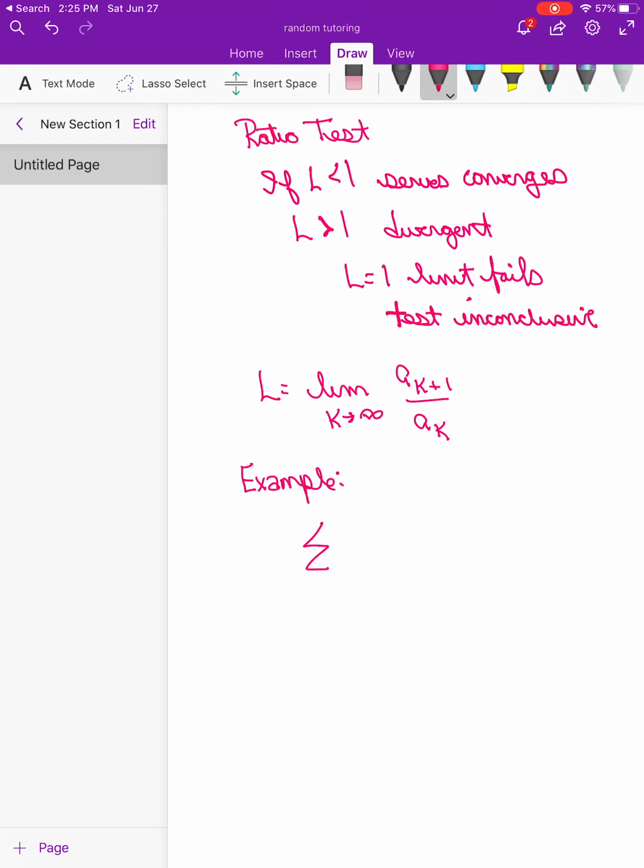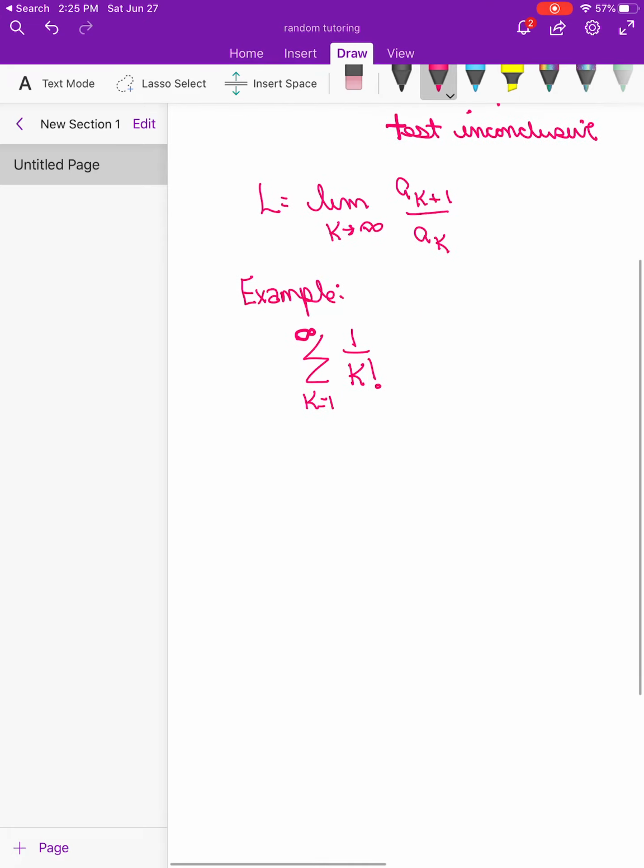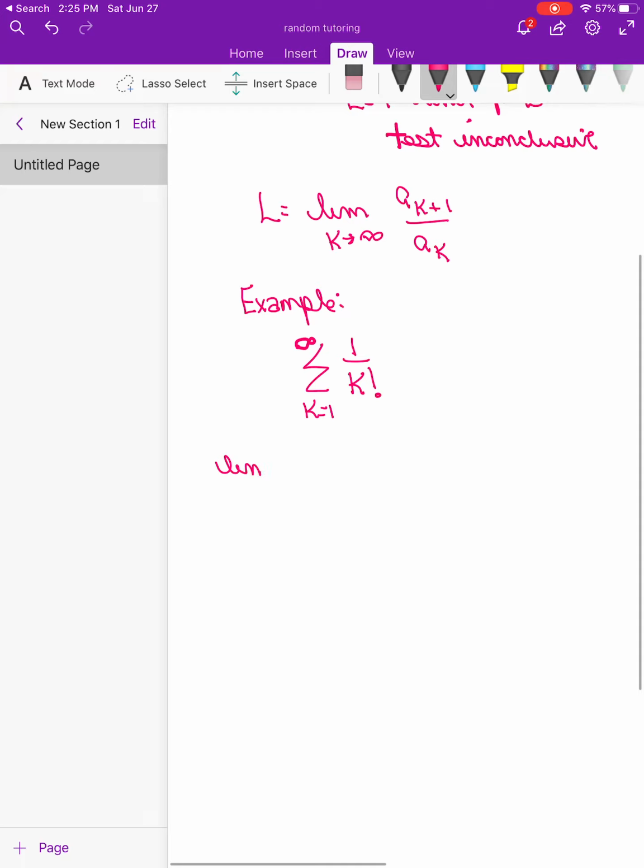If I give you the series, k equals 1 to infinity of 1 over k factorial, and I want to use the ratio test to see if this converges or diverges, we say the limit as k approaches infinity of 1 over k plus 1, because we have to add 1, divided by our original, which is 1 over k factorial.